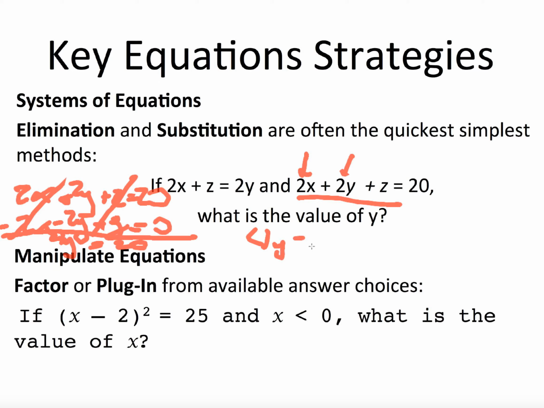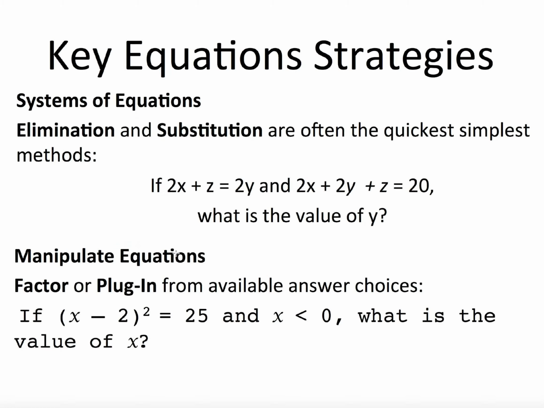Once again, 4y equals 20 is going to simplify to y equals 5, because 20 divided by 4 equals 5. Both methods work, and they're going to be useful for solving problems dealing with systems of equations. Now, the other question type here that will be really useful for you to work with are just equations that are requiring you to factor or to plug in from available answer choices. So a good example is the following.